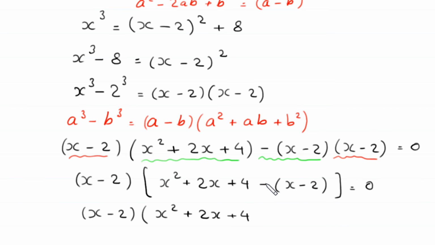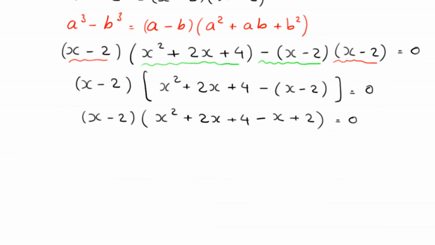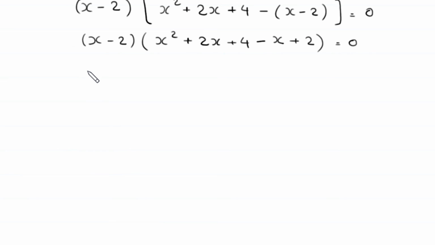This negative will change the signs of these two terms. This positive x will become negative x, and this negative 2 will become plus 2, is equal to 0. Next, x minus 2 times x squared, this 2x minus 1x will become plus x, and plus 4 plus 2 will become plus 6, is equal to 0.